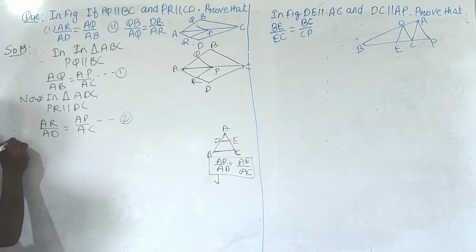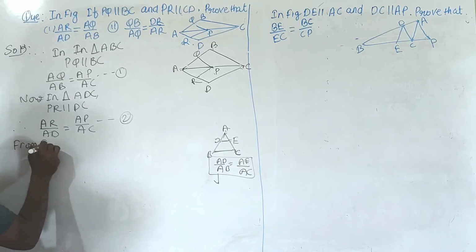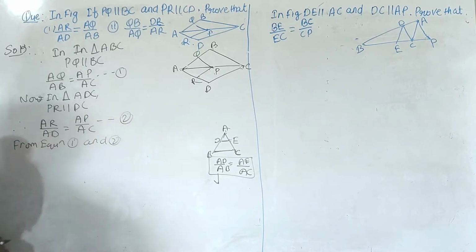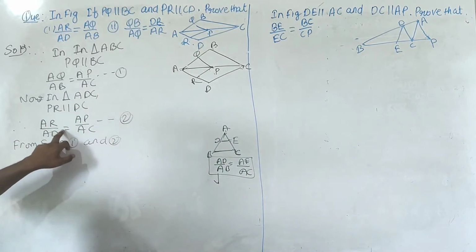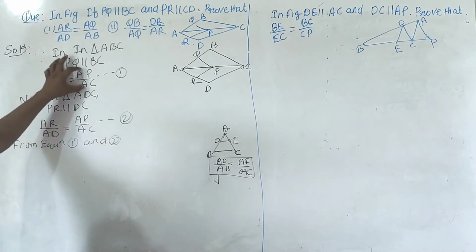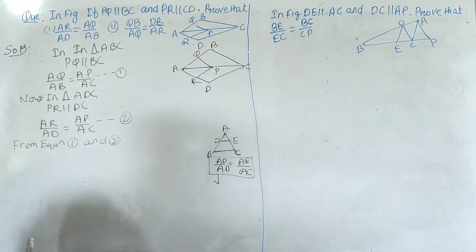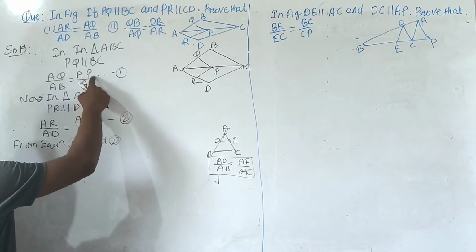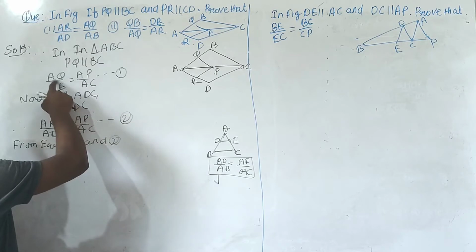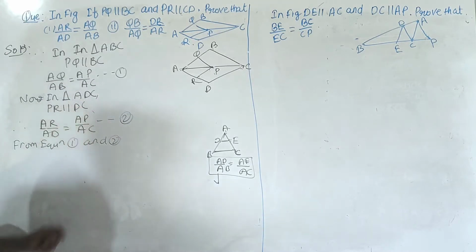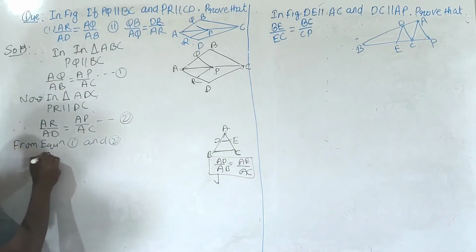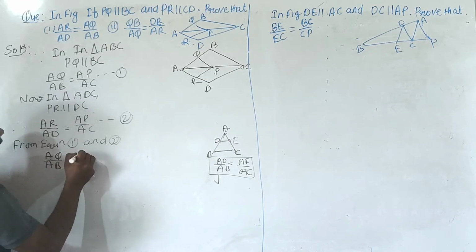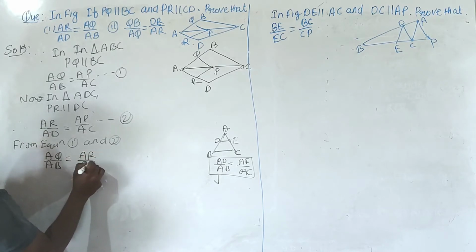Now from equations 1 and 2, if you look at both the equations, here you can see AQ by AB is equal to AP by AC and AR by AD is equal to AP by AC. Because the right hand sides of both the equations are equal, the left hand sides will also be equal, so we can say AQ by AB will be equal to AR by AD.